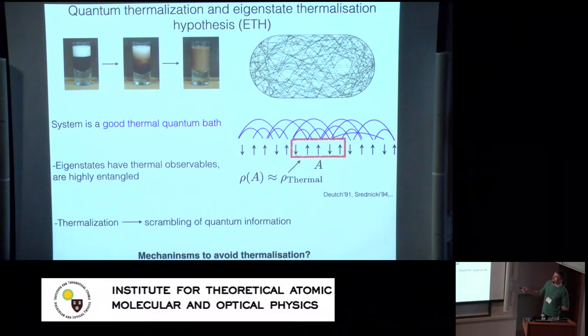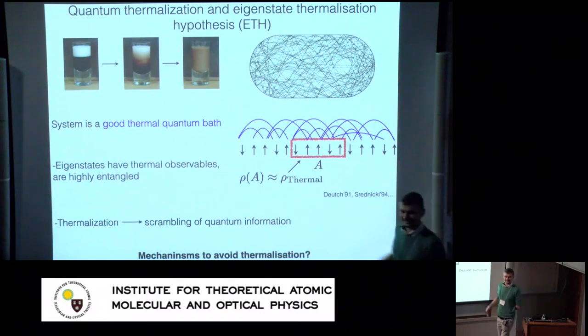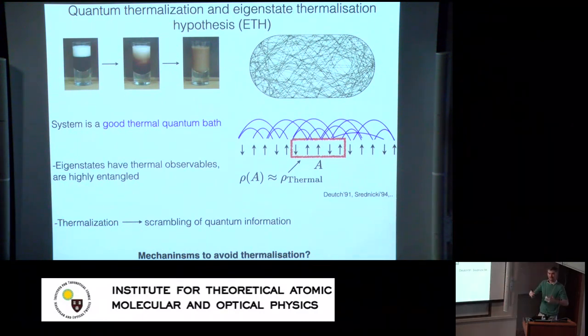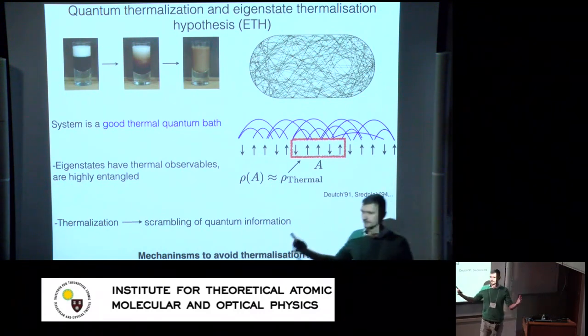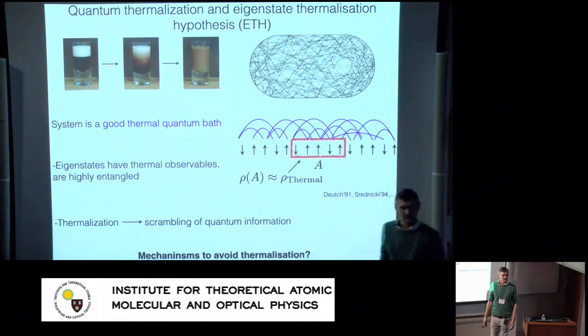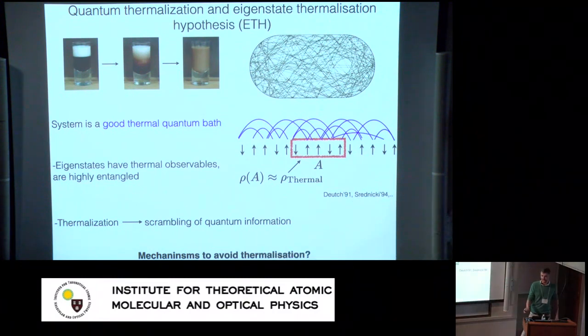And this also means that thermal eigenstates are highly entangled, right? So that's another piece of information on why entanglement is generated quickly as you thermalize. Thermalization also means that quantum information gets scrambled, right? Your state really cares only about global conservation laws, and that triggered a lot of interest in finding cases when you can avoid thermalization or slow it down.